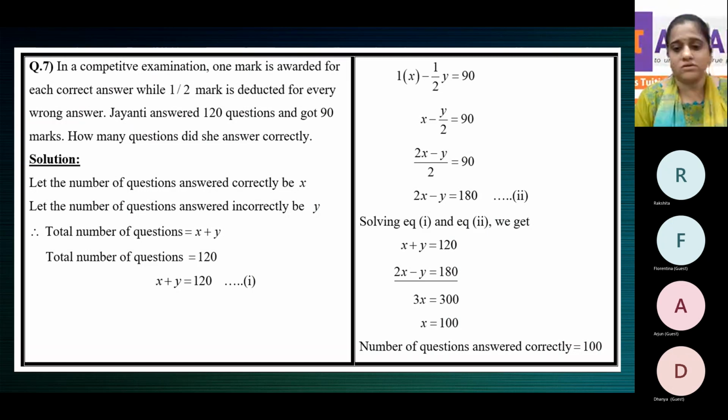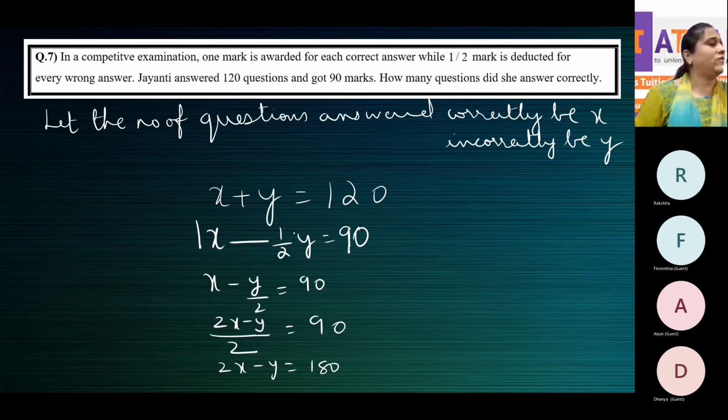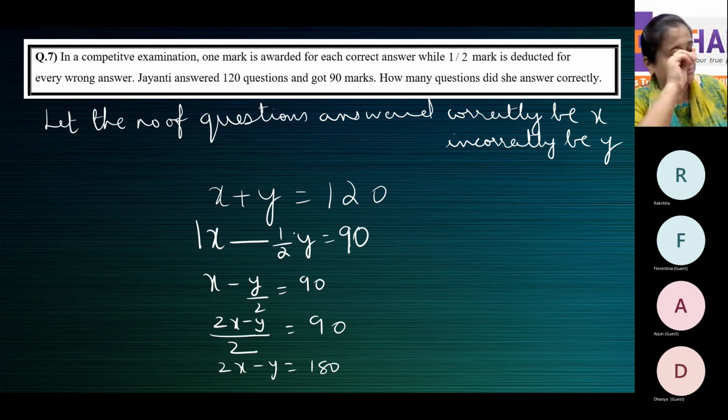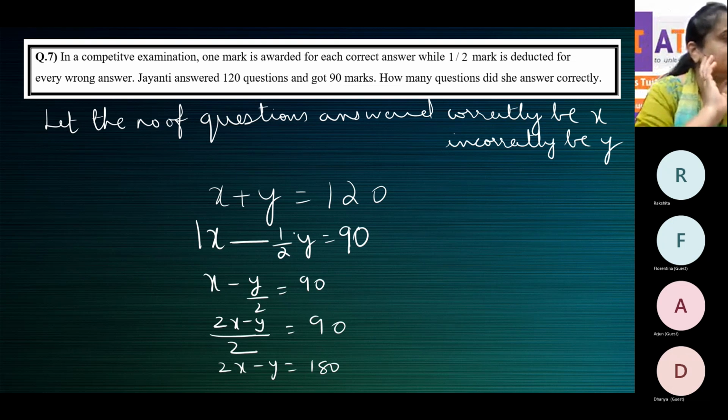Sorry? 100. Correctly is 100. Incorrectly is 20. No, for what have you got 20? For y, is it? What have we assumed for x then? Show me a bit. Right? Good.